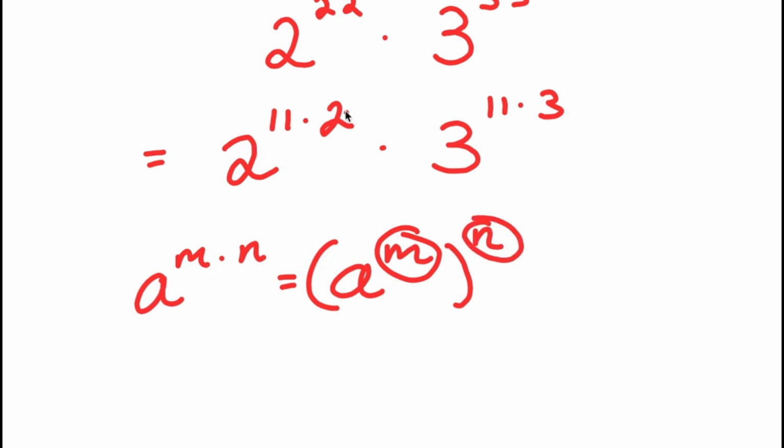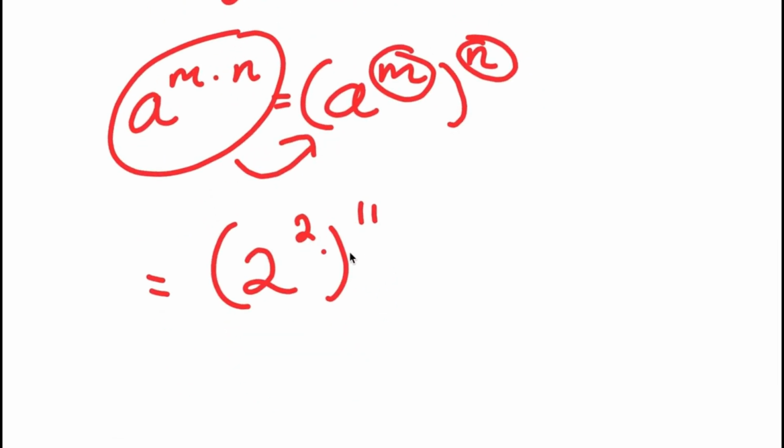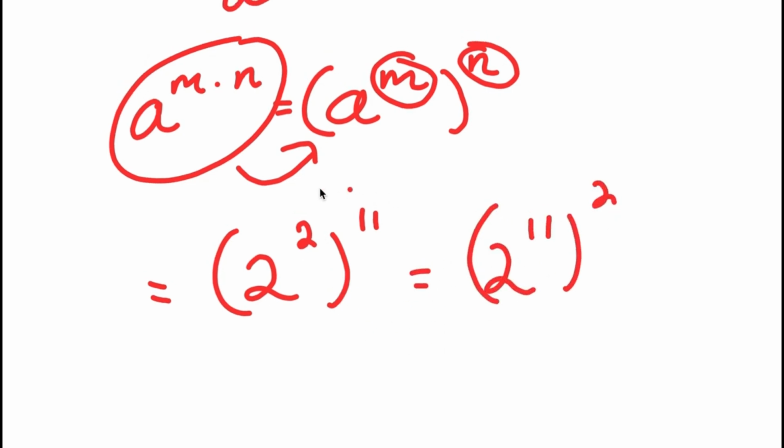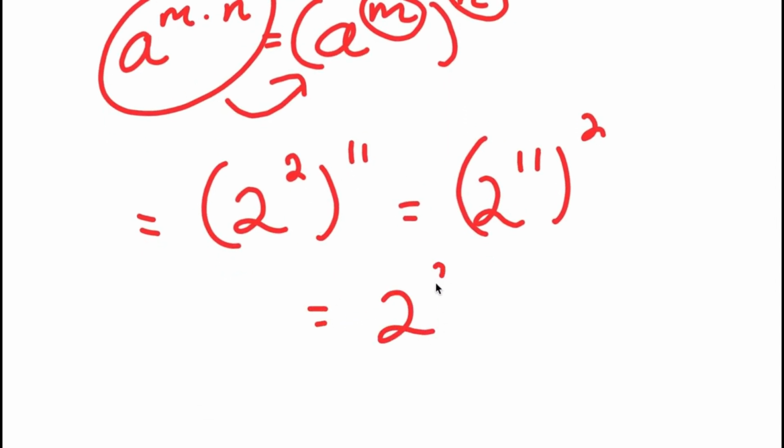So 2 to the power of 11 times 2, I'm going to take this form and change it into this form. I'm going to rewrite that as 2 to the power of 2 to the power of 11. And remember, this is also the same thing as 2 to the power of 11 to the power of 2. These two are the same because at the end of the day, they both are going to equal 2 to the power of 2 times 11.